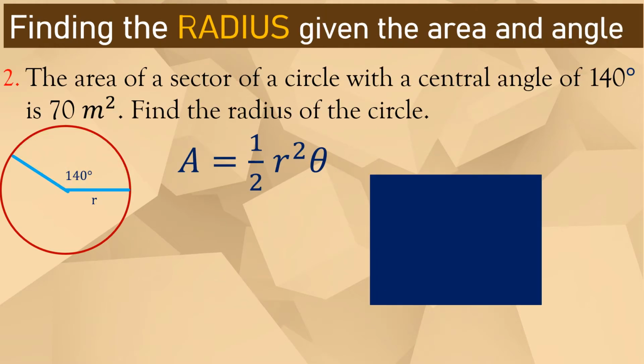Okay, so what about if you are looking for the radius of the circle? So from the general formula, we can now derive the radius of the circle. Okay, first, multiply the area, so we have 2a is equal to r squared theta. That is after cross multiplication. And then since we're looking for the radius, we divide both sides by theta, so we can now cancel theta here.